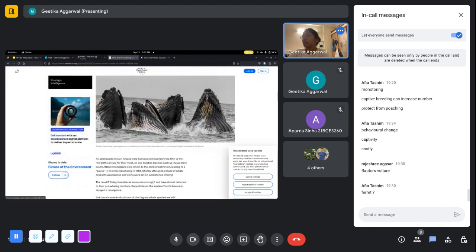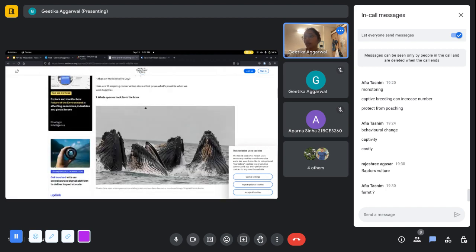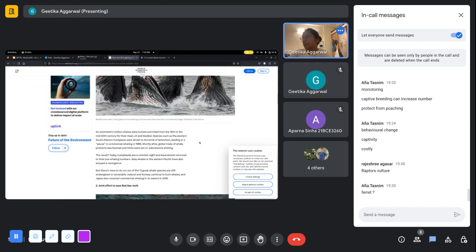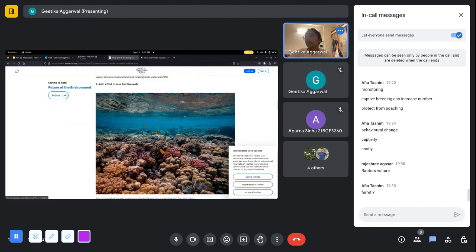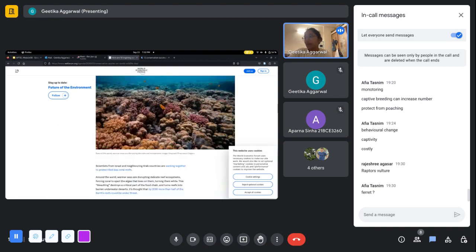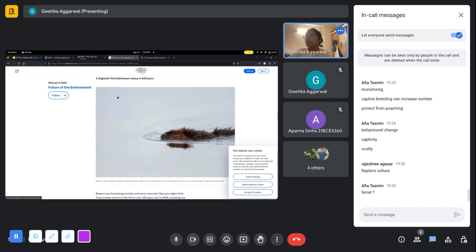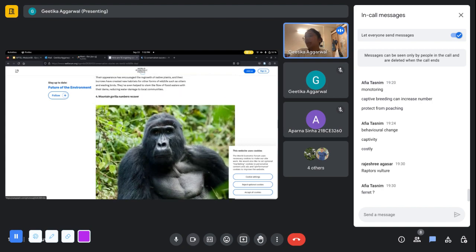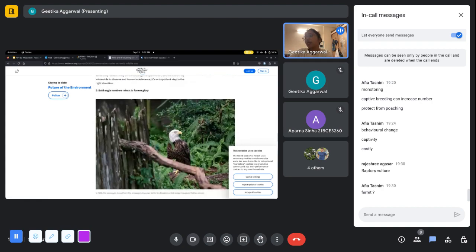There are these whales which have been brought back from the brink of extinction. These are these humpback whales. Then there are these efforts to save the Red Sea reefs, the coral reefs found in the Red Sea. There are these beaver colonies which are found in England. Then there are the mountain gorillas. Their numbers are also on a rise again.